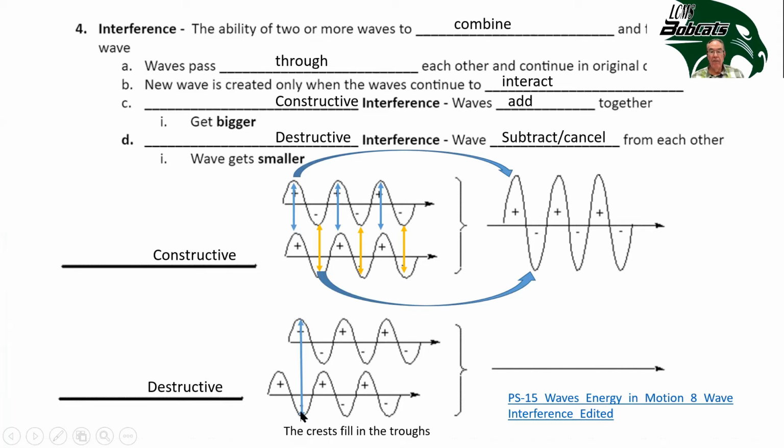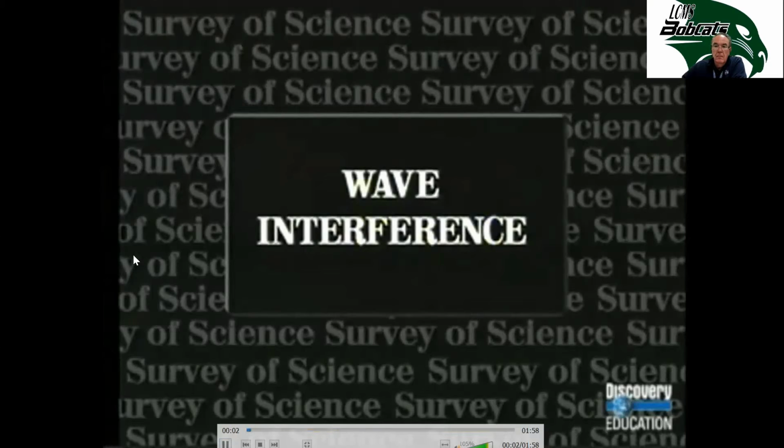So the crest is going to fill in, it's like the mountain fills in the valley. And then the next valley is filled in by the mountain. And then the next mountain fills in the valley. And then the next one, the mountain fills in the valley, or the crest fills in the trough. So if all the high spots fill in all the low spots, you end up canceling it out and the wave gets destroyed.